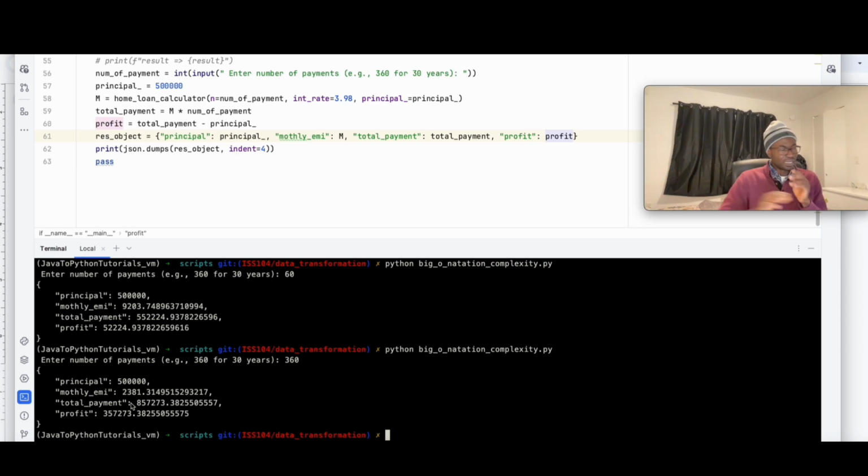And the total payment at the end of the 30 years will be $857,273.38. And then the profit will be $357,273.83. So the longer the payment period, the lower the monthly payment, and the higher the total payment, and also the higher the profits to the lender.